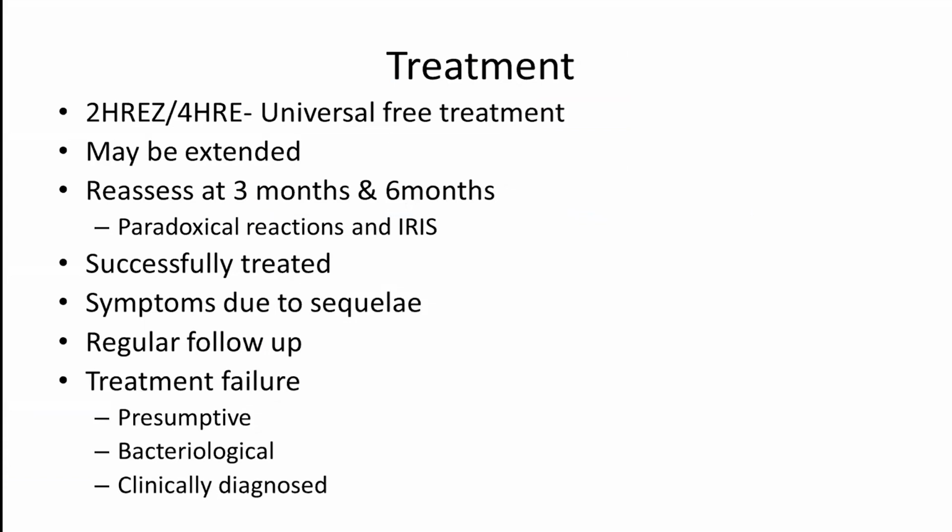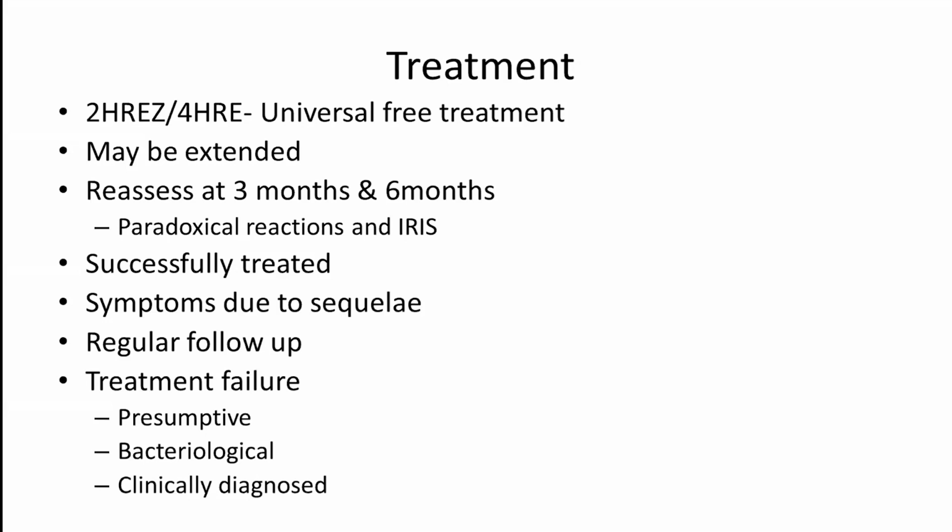Even though 6 months of treatment is recommended, the clinician may extend it if needed. It's better to reassess the patient at 3 months and 6 months. If you reassess before 3 months, there is a chance of confusion because of paradoxical reactions and errors in diagnosis.